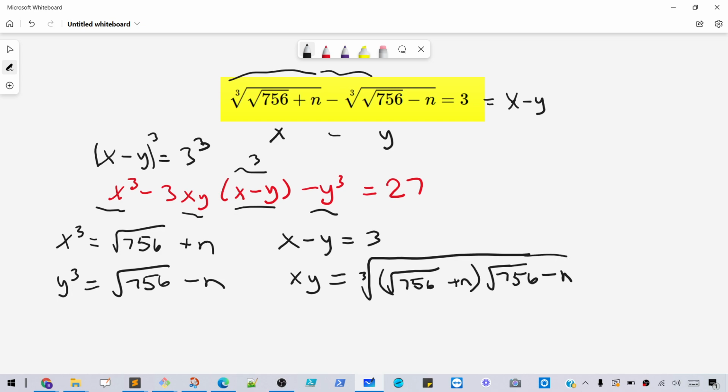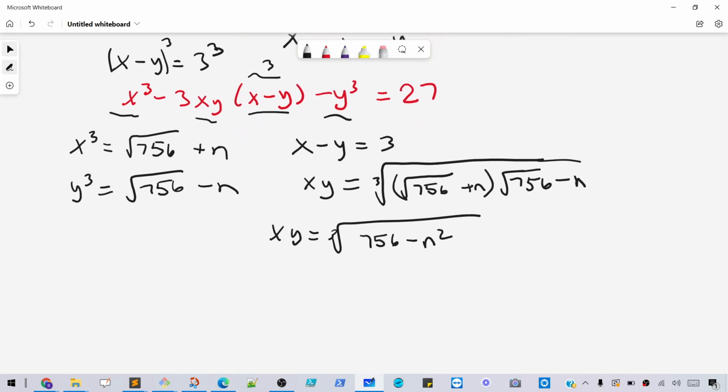So xy is the cube root of 756 minus n squared.